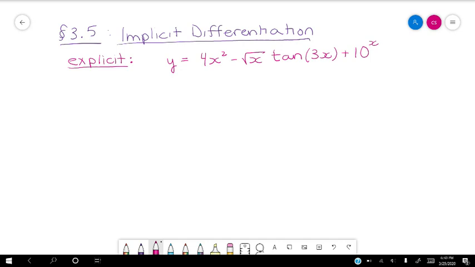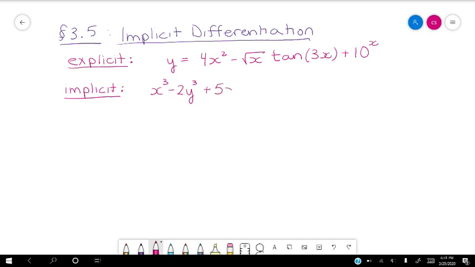Now we're going to add another one because now we're going to be talking about implicit differentiation. So implicit is kind of not as direct, right? Kind of implied. We're talking about the y. So now y isn't as clearly defined as explicit. In this case, y is going to be tangled up in the equation, and we're not going to be able to solve for y.